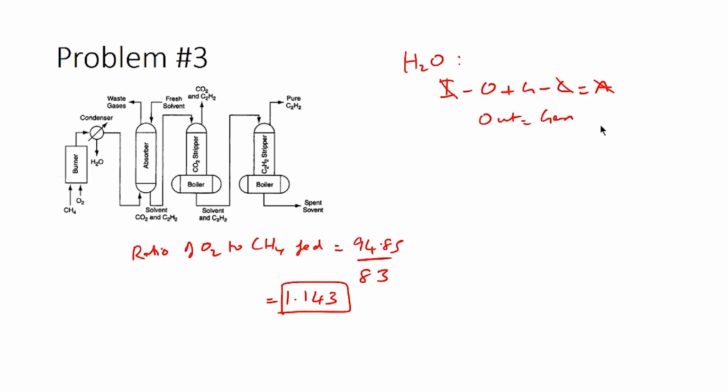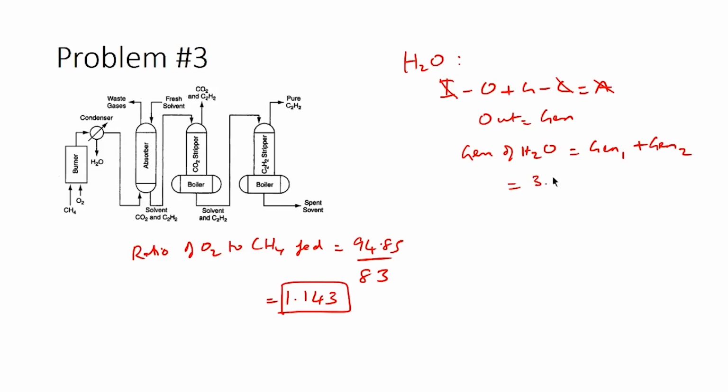We need to identify how much water is being generated. Water is generated by reactions 1 and 2, so the generation of water would be equal to generation through reaction 1 plus generation through reaction 2. Looking at the stoichiometry, for every mole of carbon dioxide produced, 2 moles of water are produced, and for every mole of carbon monoxide produced, 2 moles of water are produced.